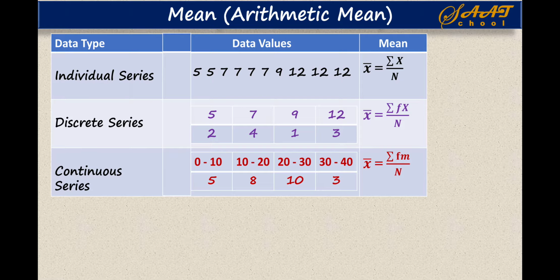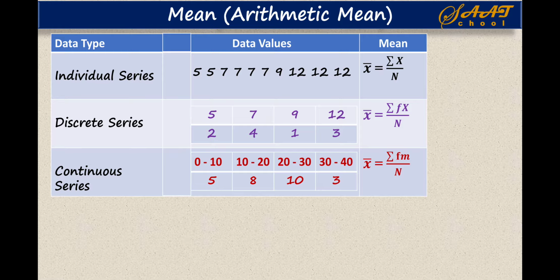In the second, in discrete series, these values are 5, 7, 9, 12, and the second row, that is 2, 4, 1, 3, represents how many times a given value occurs, like 5 repeated 2 times, 7 4 times, 9 only 1, and 12 3 times.